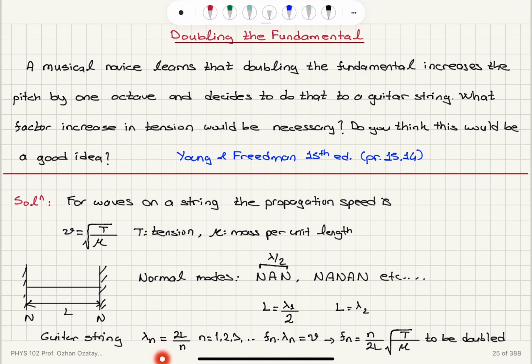The wavelengths are 2L divided by N, where N is an integer: 1, 2, 3. The corresponding frequency times the wavelength is the propagation speed, so the frequency is N over 2L, which is 1 over lambda, times square root of T over mu. If we are keeping the fundamental mode, so N is equal to 1, the length is not changing and the mass per unit length is not changing, the only way to change the frequency is by changing the tension.